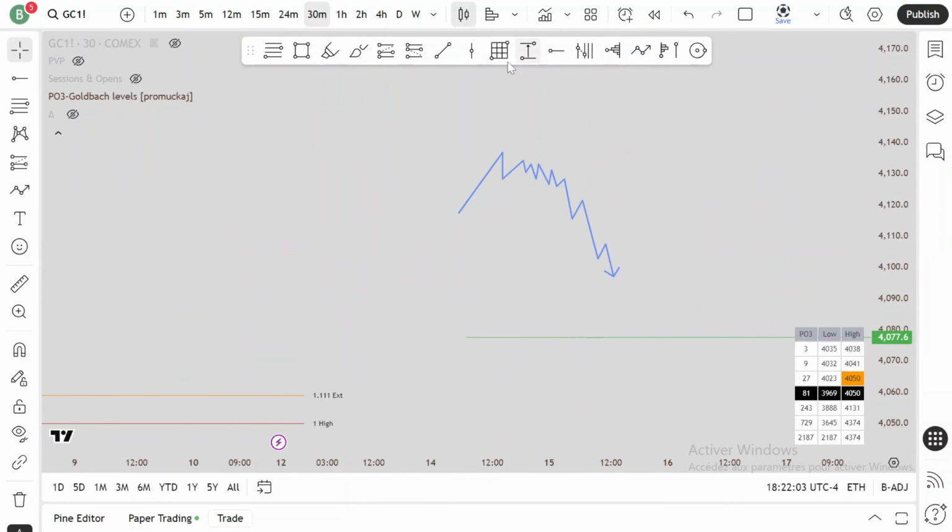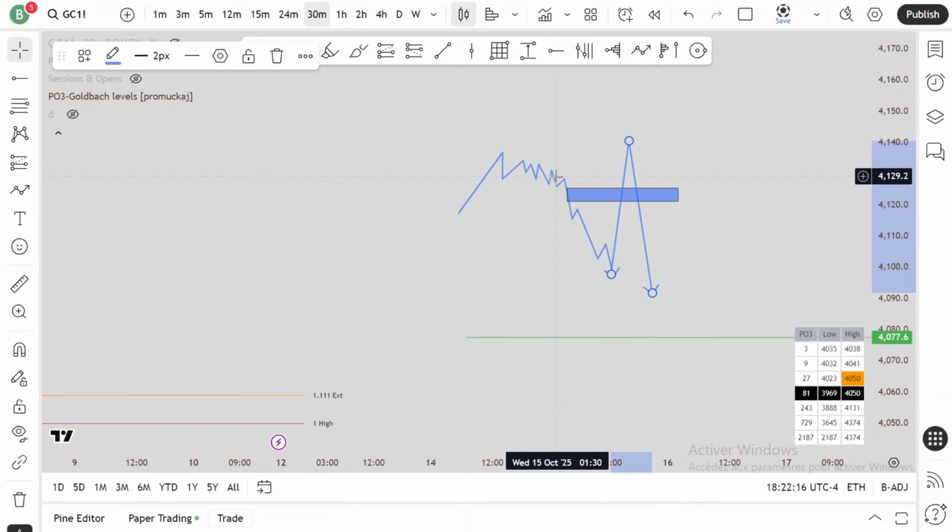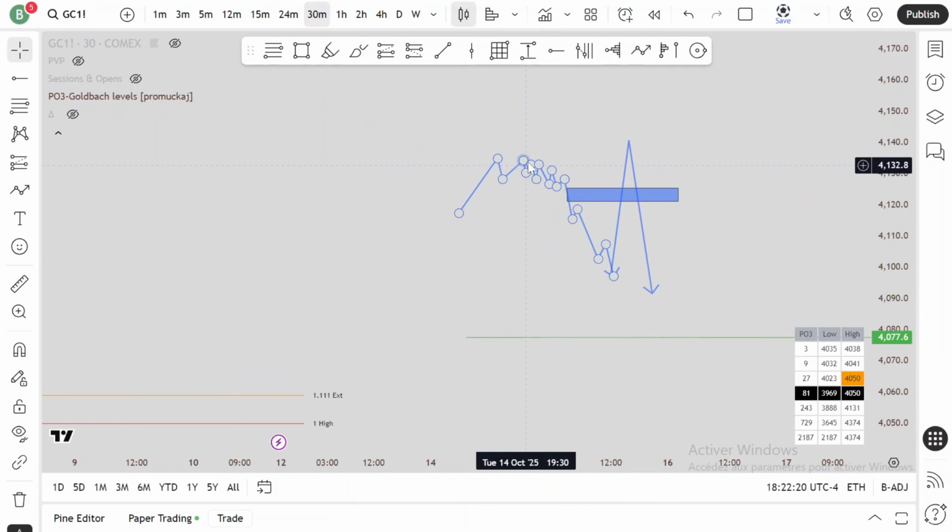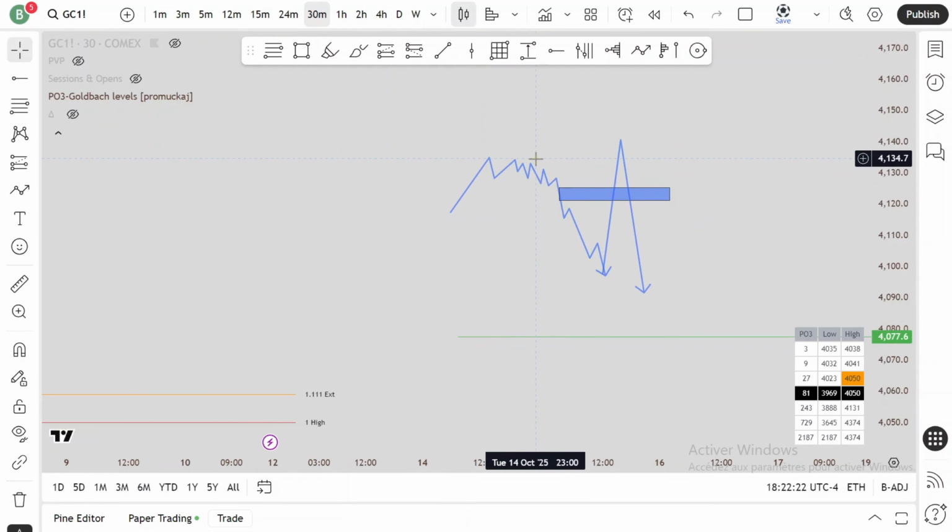We don't want to short this fair value gap here unless we have an SMR. We don't want to come back here and then short. We want a sweep of all these equal highs that are engineered liquidity. We always want the engineered liquidity to be swept, and then we can go short.